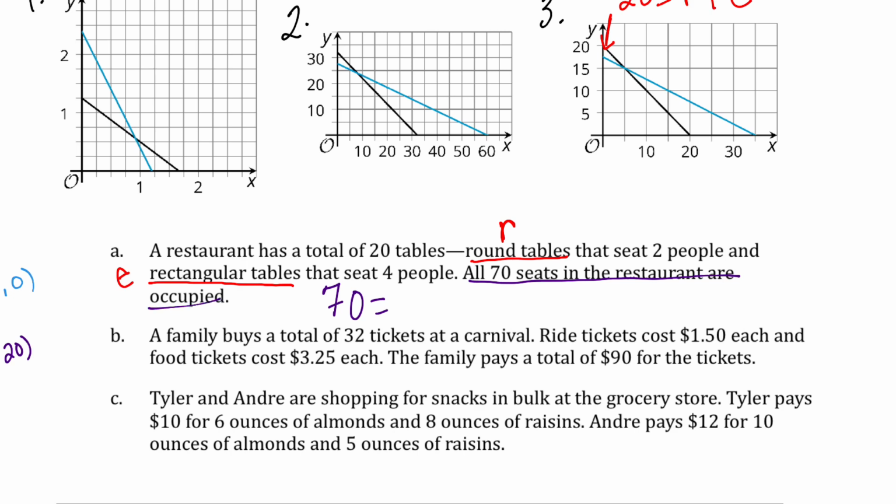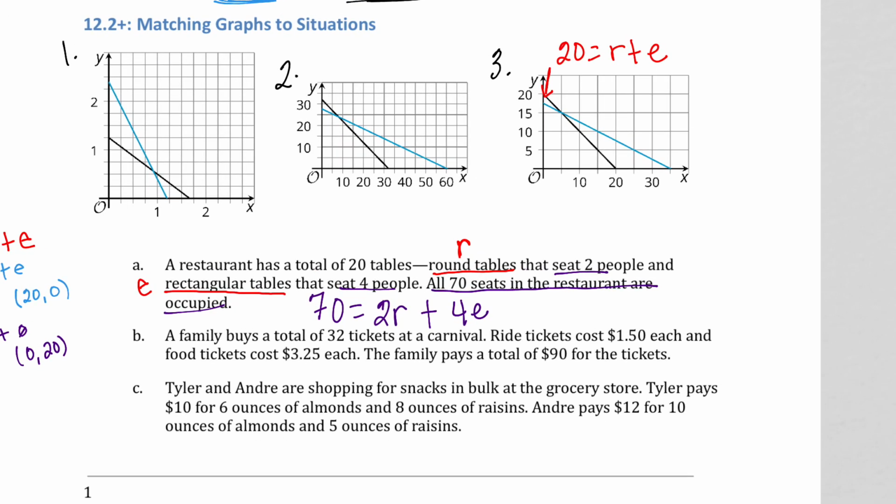That's the total number of seats. Now what do I do? 2R, because it can seat 2 people. 2R, what? Plus 4E. Okay. How can I verify that the blue line matches this equation?